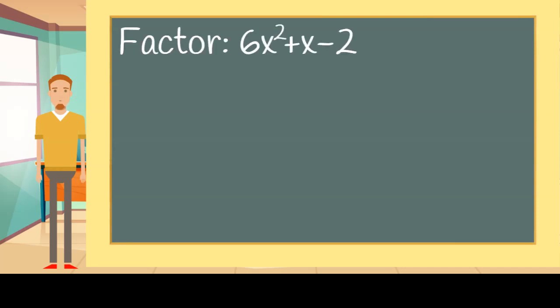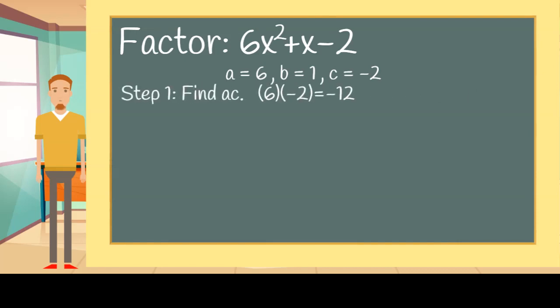Next example. Factor 6x squared plus x minus 2. Using the steps mentioned a while ago, we find the values of a, b and c. In this example, a equals 6, b equals 1, and c equals -2. Find the product of 6 and -2.